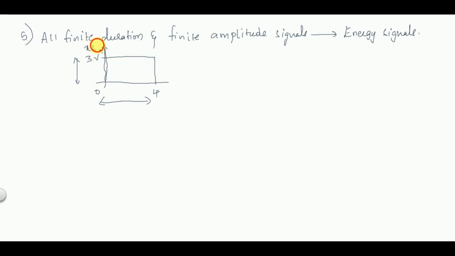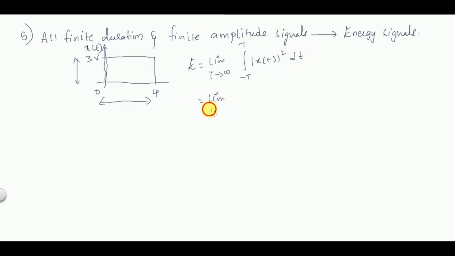Such a signal, if you assume it as x of t, and you find the energy, the energy is given by limit as t tends to infinity integral minus t to t mod x of t whole square dt.